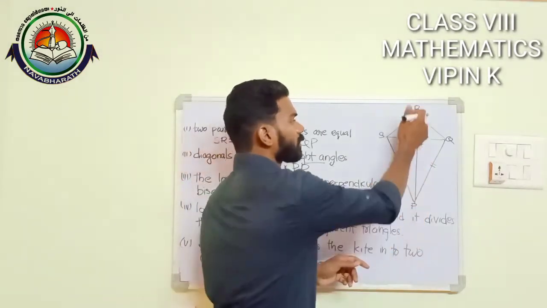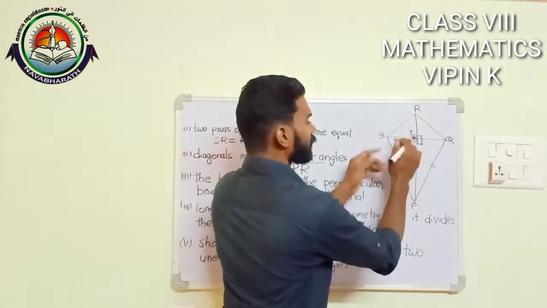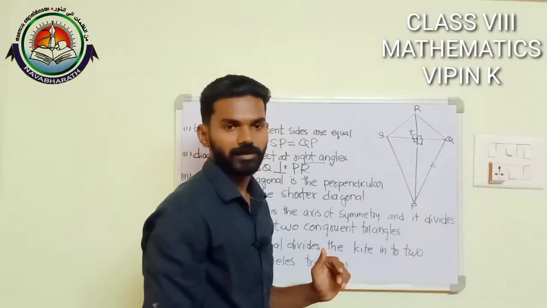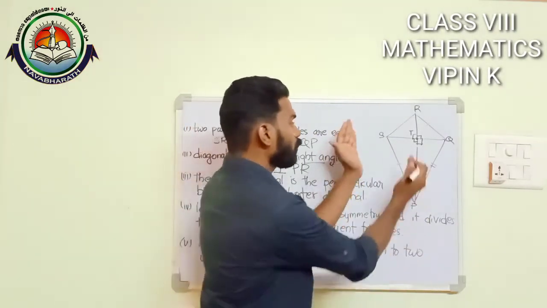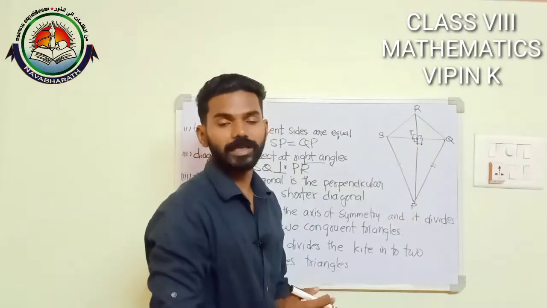Which means this longer diagonal bisects the shorter diagonal. Bisect means the two pieces would be equal in length.